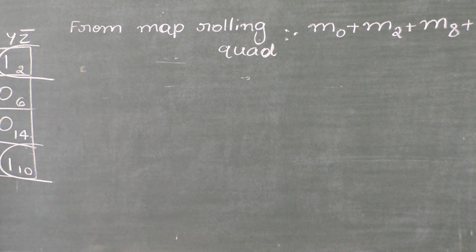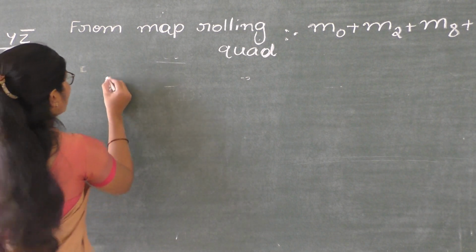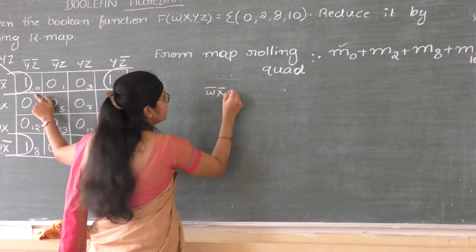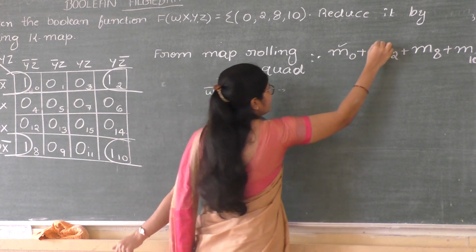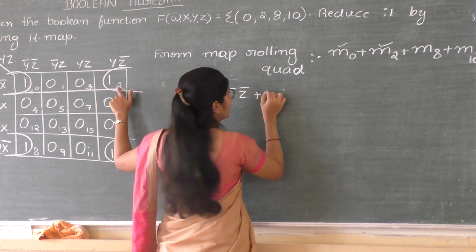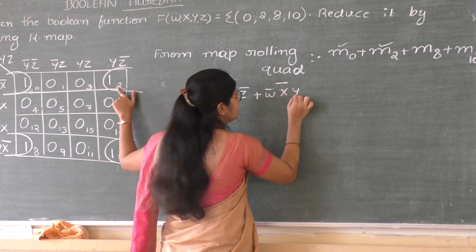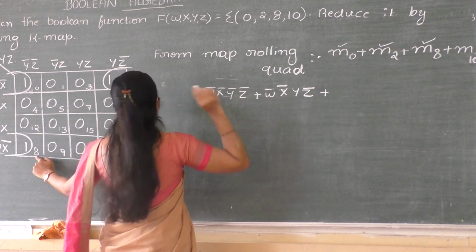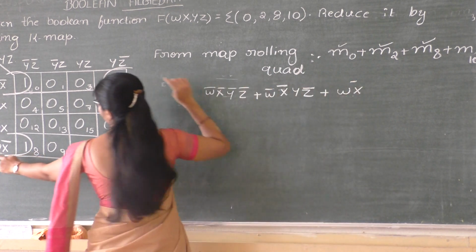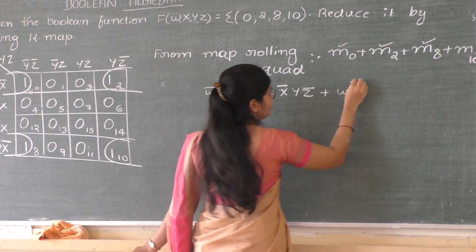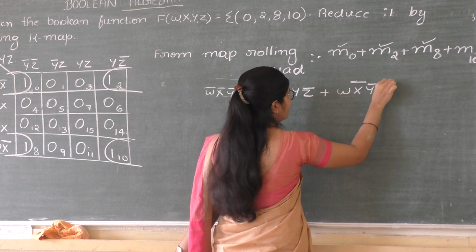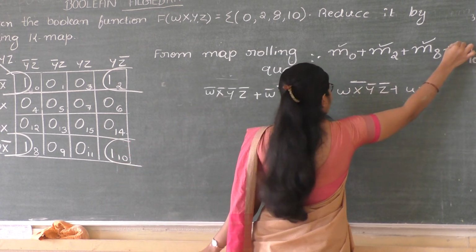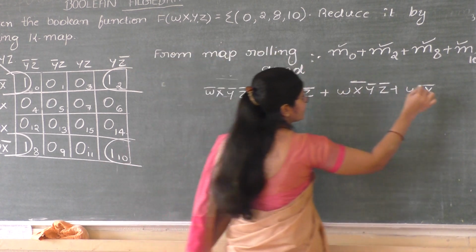Minterm in the 0th square is W bar, X bar, Y bar, Z bar, plus minterm in the 2nd square, W bar, X bar, Y, Z bar, plus minterm in the 8th square, W X bar, Y bar, Z bar, plus minterm of the 10th square, W X bar, Y, Z bar.